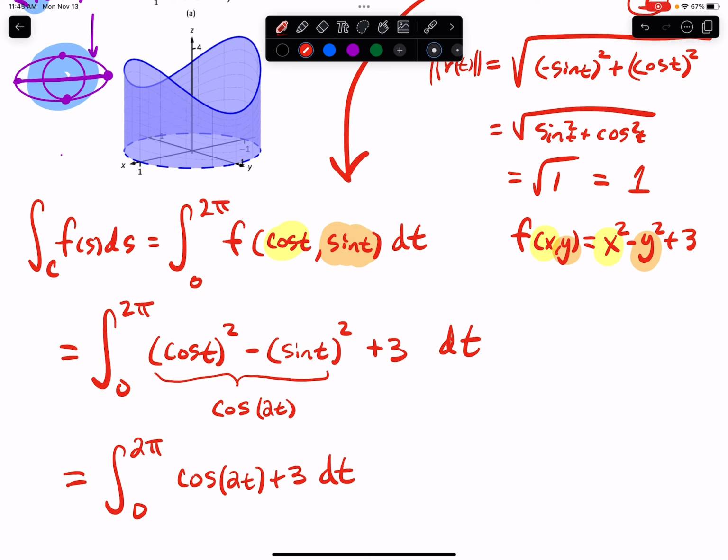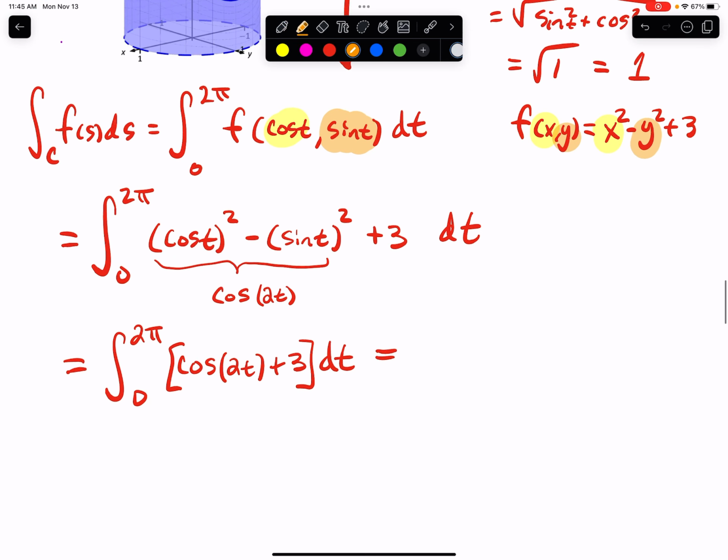And now we need to integrate. And when we integrate this, it's a simple u sub. We don't have to u sub, but if you had to, u equals 2t, du equals 2 dt, so dt is 1/2 du.